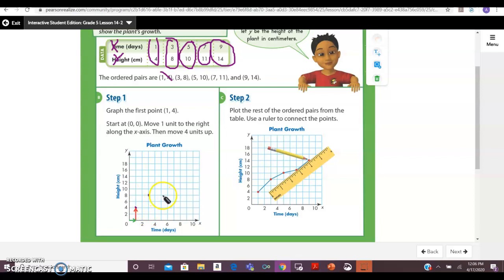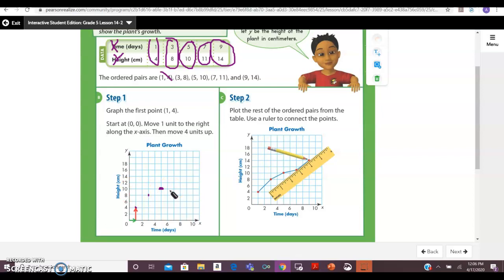Then 5, 10, 7, 11. But wait, we don't have an 11 here. So what do we do? If we know this is 10, and we know this is 12, we know 11 is halfway in between. So we're going to have to put it still on 11.